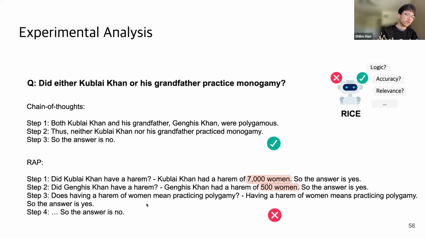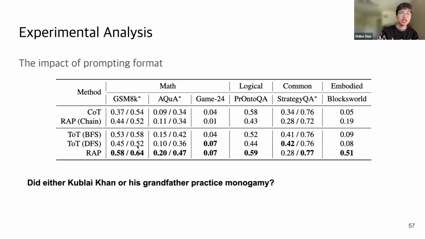So that's also an interesting finding that we need to put more attention on the prompt design and see whether it's suitable for the problem domain. But it's just for this specific data set. For math data sets, as we can see, RAP still outperforms other baselines. That's because to successfully solve a math problem, every detail matters.